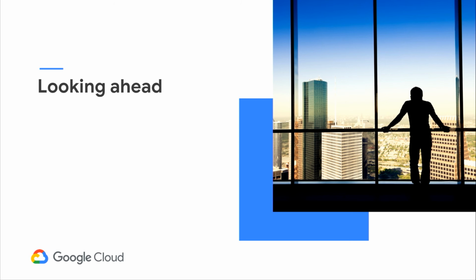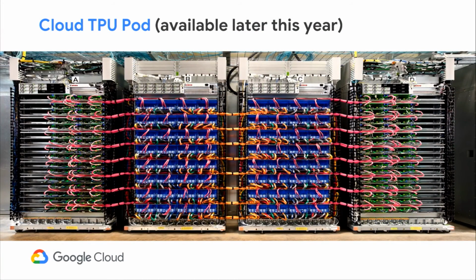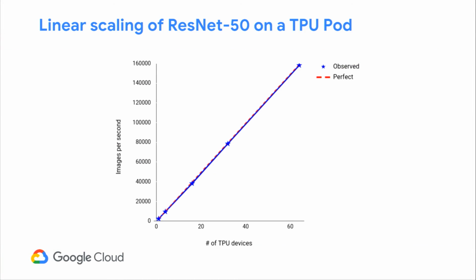Now, I just want to look ahead briefly to give you a sense of where we think the field is going and why these Cloud TPUs and TPU pods are so well suited to help support the future of machine learning products and research. Now, these Cloud TPU pods enable you to train with very large batch sizes, which you might wonder, well, how does the scaling go as you go beyond a single device?